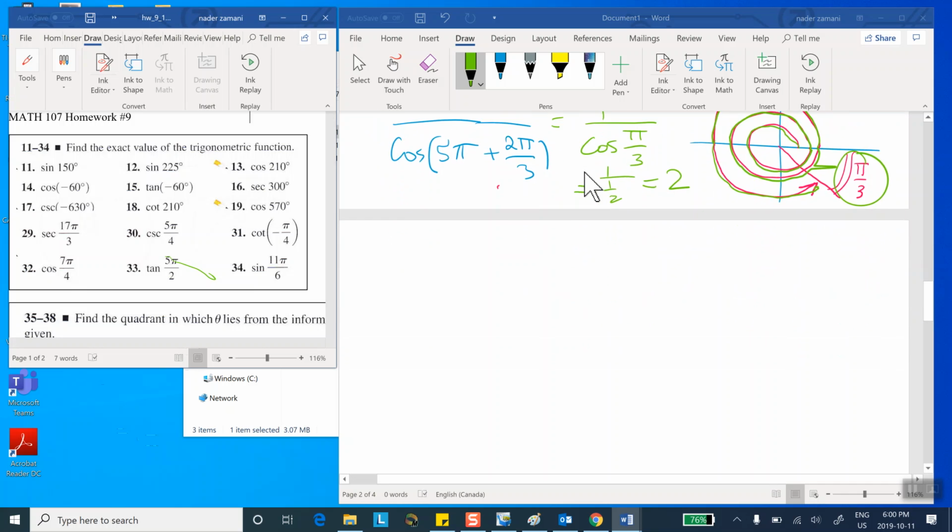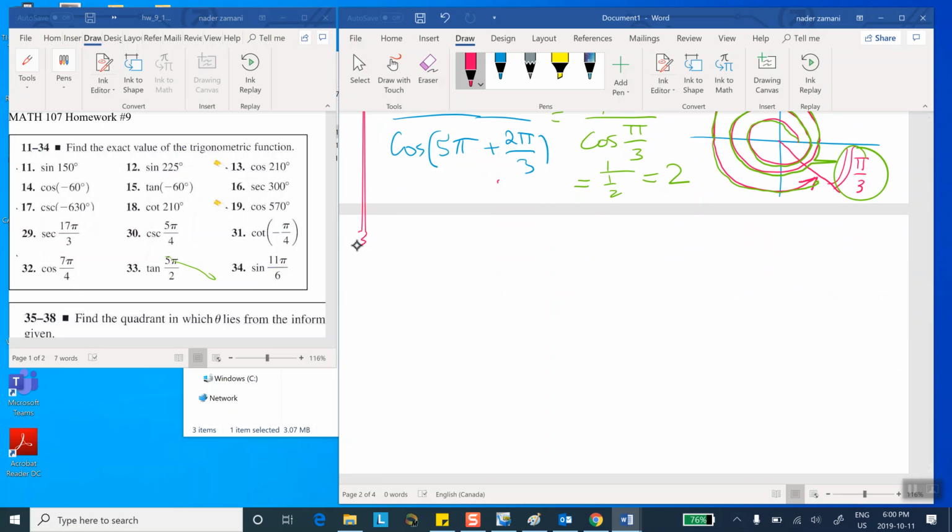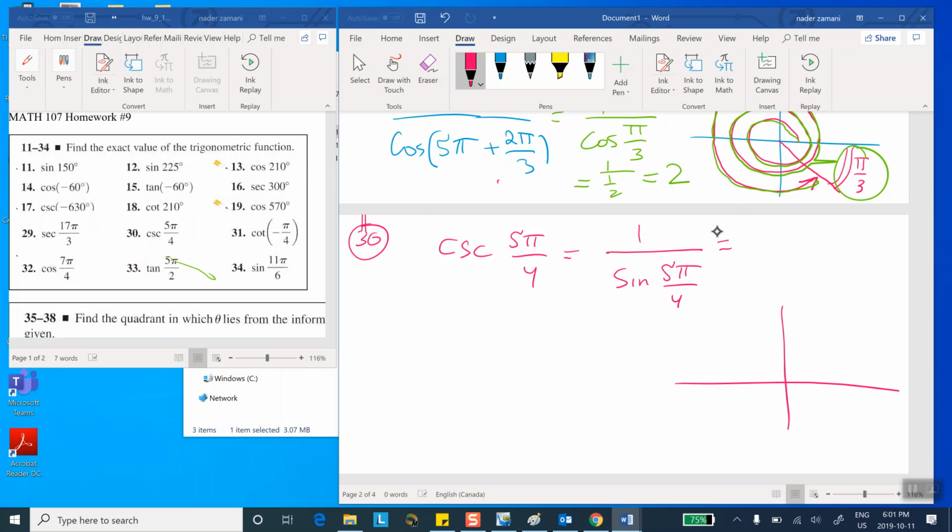Number 30. What do we have here? We have cosecant of 5 pi over 4. So I'm going to write this as 1 over sine of 5 pi over 4. And I can think about 5 pi over 4 as pi plus pi over 4, right? So you go pi, plus pi over 4 will land you there, and this is your 5 pi over 4.